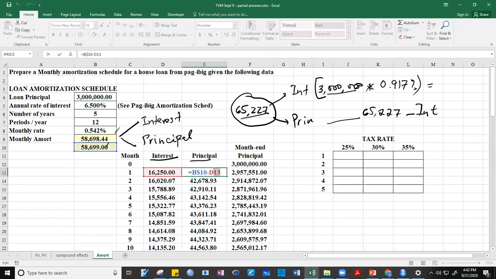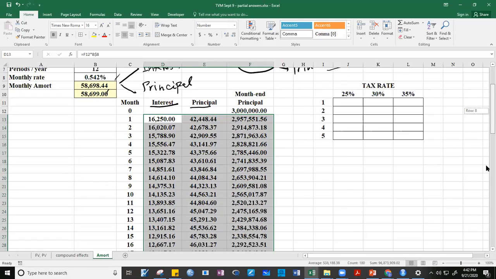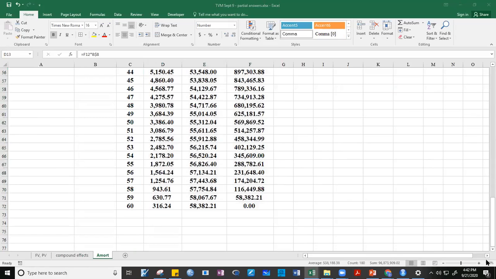Kasi eksakto yung pag-compute natin eh. Okay na, sir. So, binalik ko dun sa 58,698.44. Okay. Para eksakto siya. Nagkakaroon tuloy ng excess. Ayan, 0, no? Okay, so dapat 0 yung balance at the end. 0 yung principal balance.